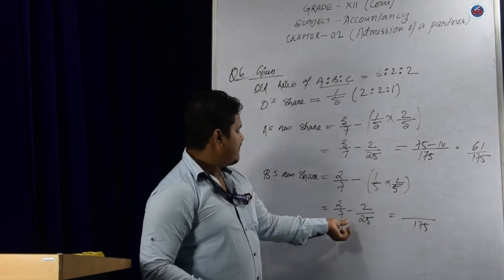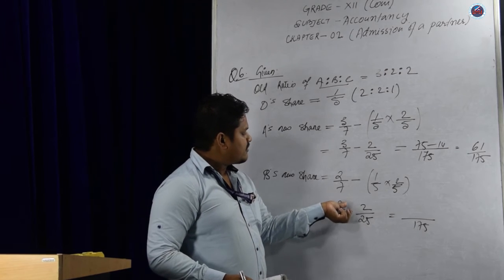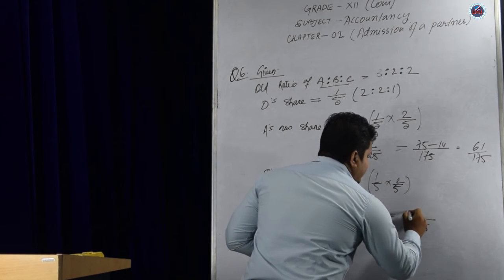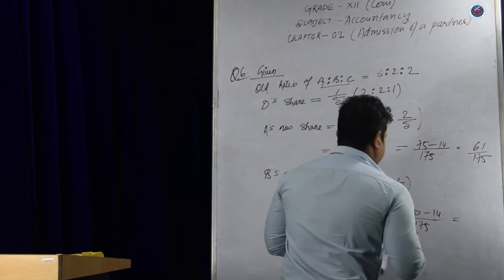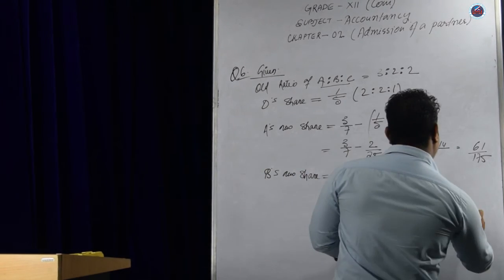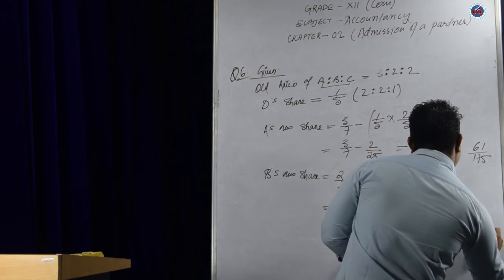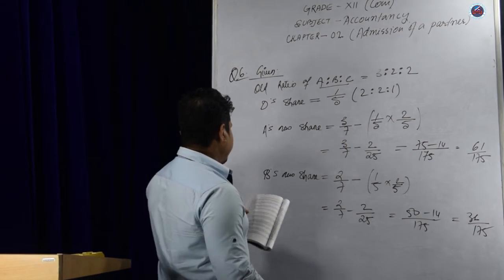So 175 divided by 7 into 2, that will be 50, same minus 14. So 50 minus 14 is 36/175. That is B. Now we'll find out for C.